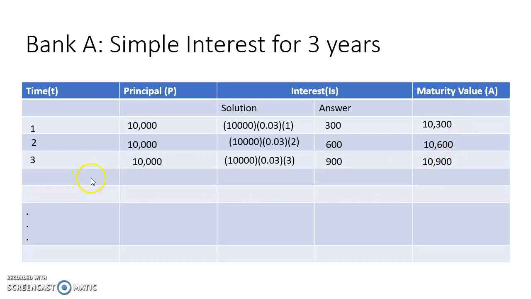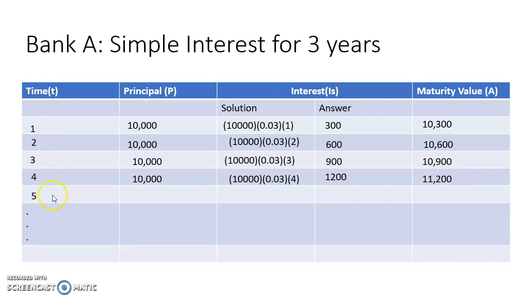Now, if we continue it to 5 years, for 4 years, we have this 4. Principal is 10,000. Our solution for interest, 10,000 times 0.03 times 4. That's the time. The interest would be 1,200. The maturity value is 11,200.